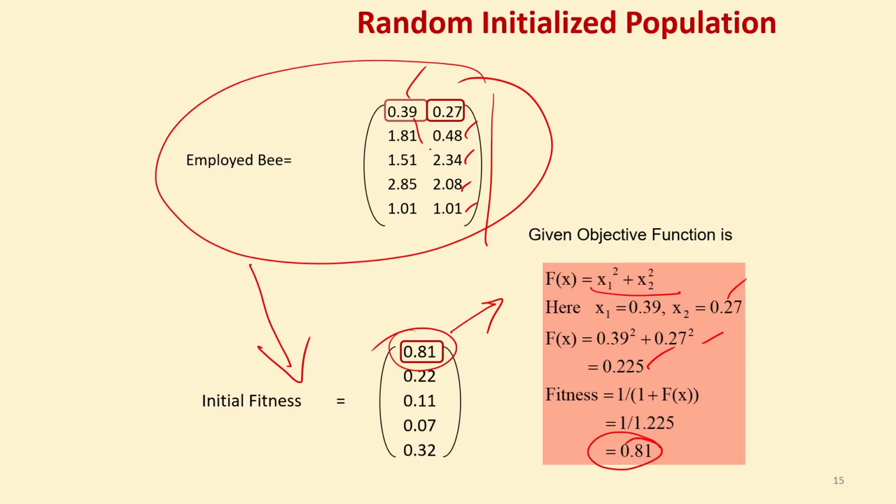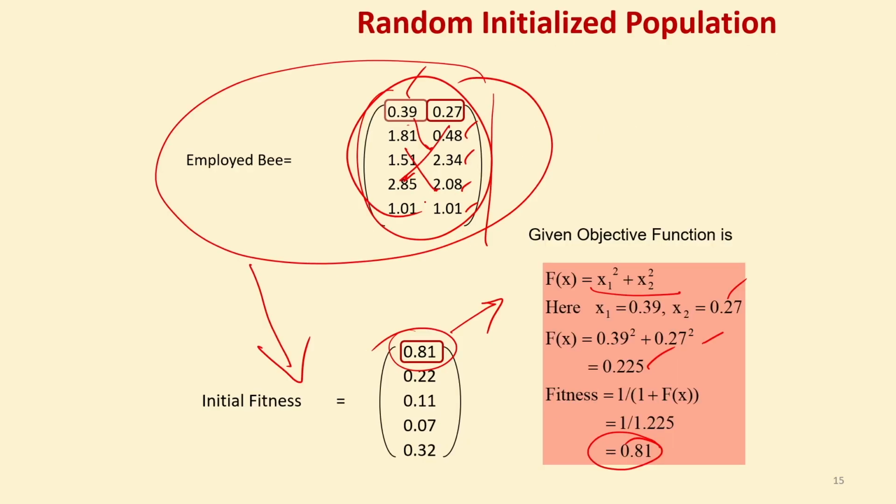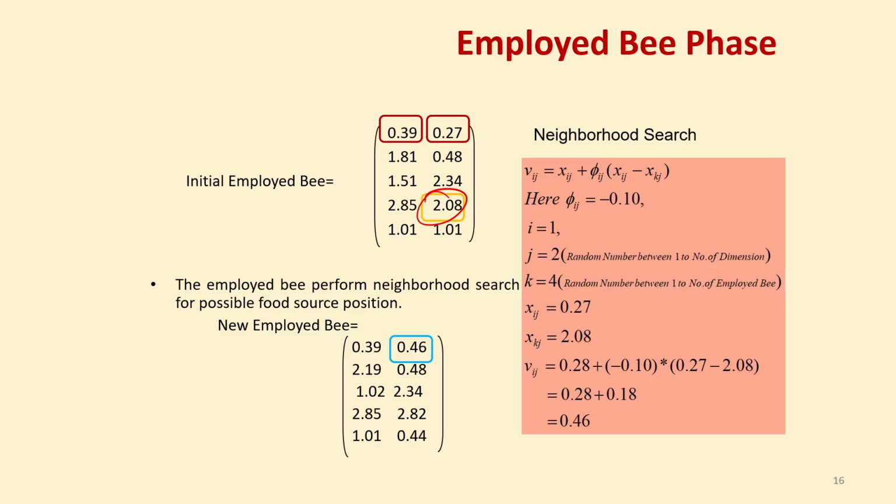See, it has been changed to this one, this has been changed to this one, this is called neighborhood search. So, the search within the employed bee. And a new kind of combination has been found out, and a new kind of value has been found out. See 2.08, originally this 2.08 is the bee, and this combination will be made as a new employed bee neighborhood search, and this 0.46 has been found out as a new employed bee, see here.